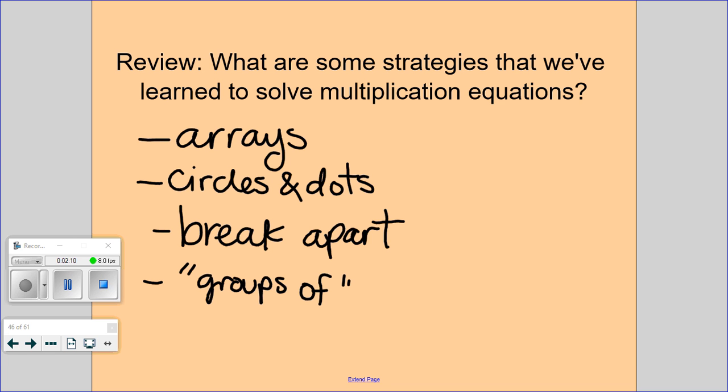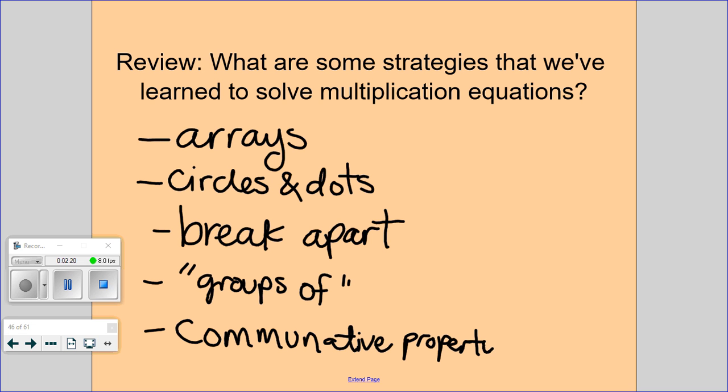Yep. What about this? I know we have talked about this a lot. How could the commutative property help you? Barrett, how could that help you?